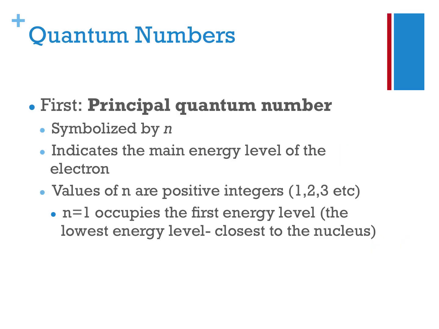We have a name for each of the 4 parts of our address, but I'm not really concerned with you knowing the names of the individual parts. We just need to know that a quantum number takes up 4 parts. The first part of the quantum number gives us the main energy level of the electron. The values for that can be 1 through 7.